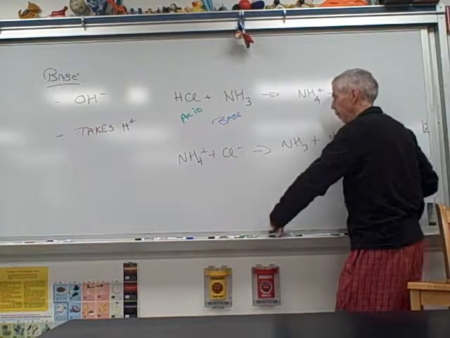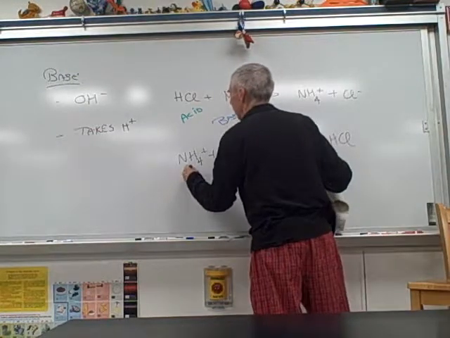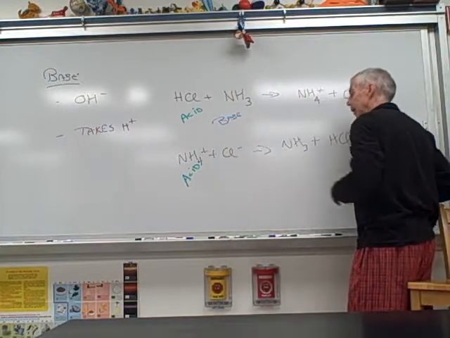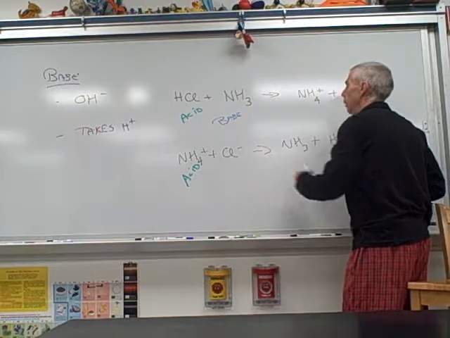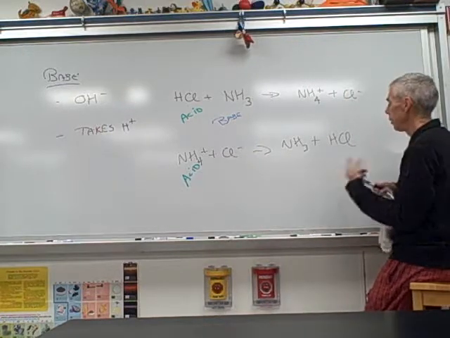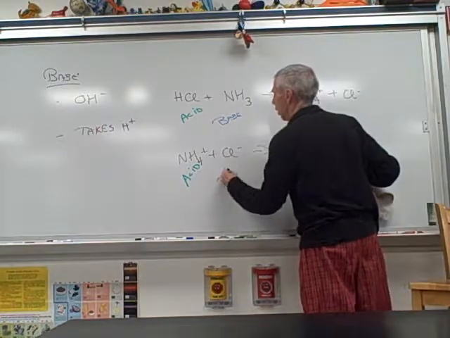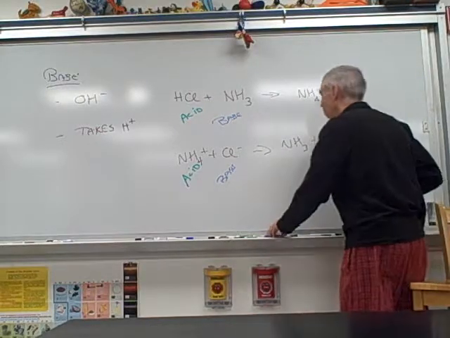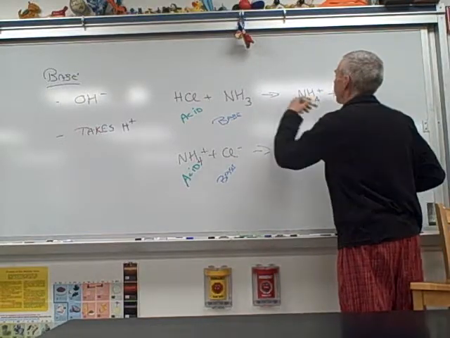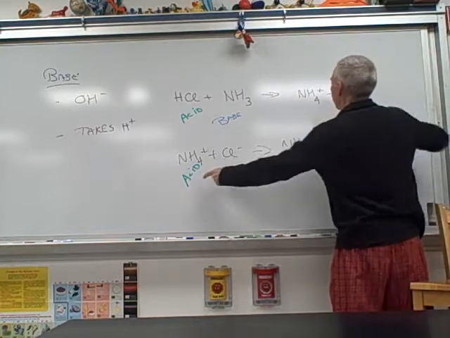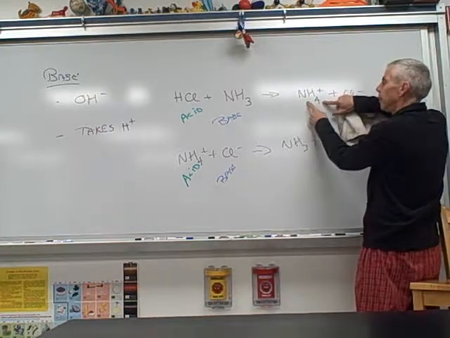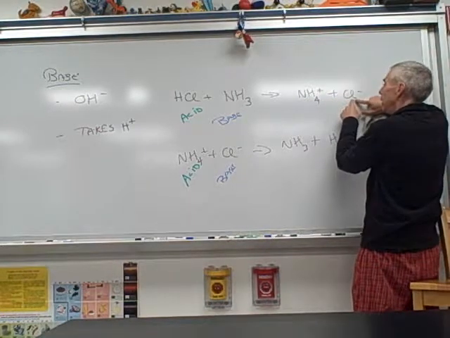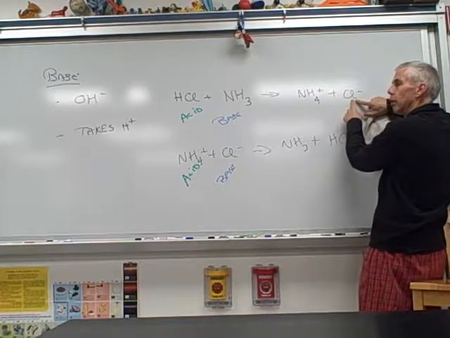So NH4 is an acid. In this reaction, it's acting like an acid. What's the chlorine? Base. It's acting like a base. Good? Now, you may have discussed this in first year chem. If you look at the first reaction, notice that NH4 has become effectively an acid, and Cl minus could be a base now.